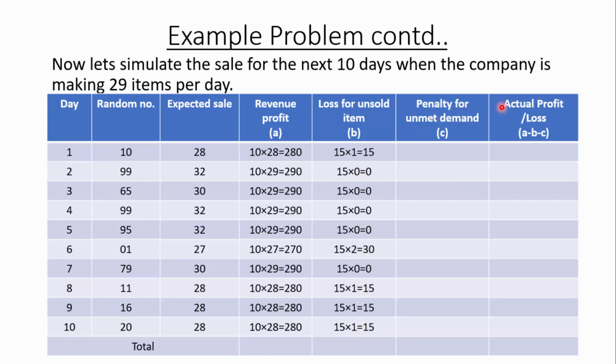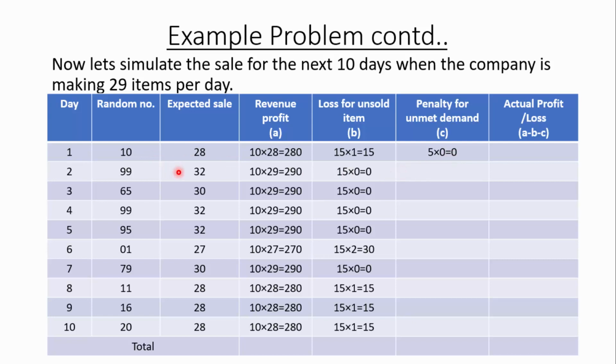Similarly, we will calculate the penalty for unmet demand also, which is rupees 5 per unit. And here for day 1 the expected sale is 28 and the company makes 29 items per day. So all the demand, that means all the expected sale demand, which is 28, has been met. So there is no unmet demand and the value here will be 0.